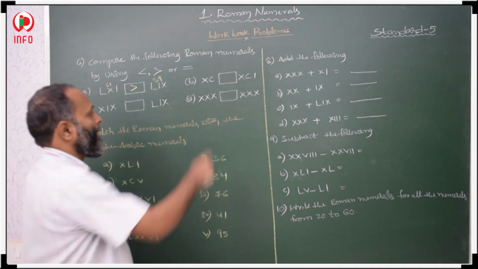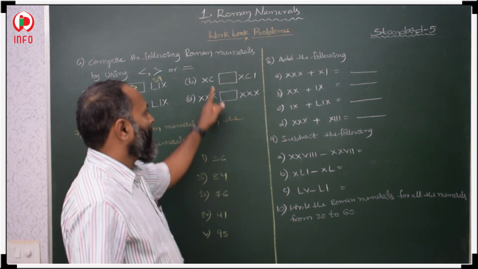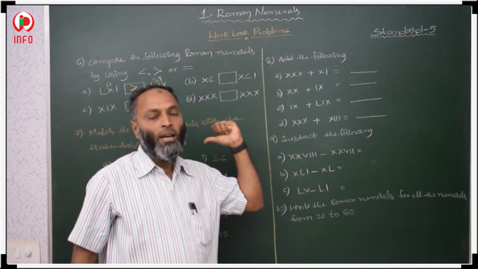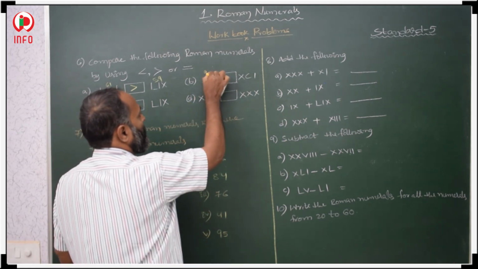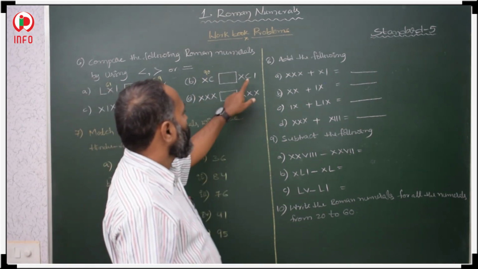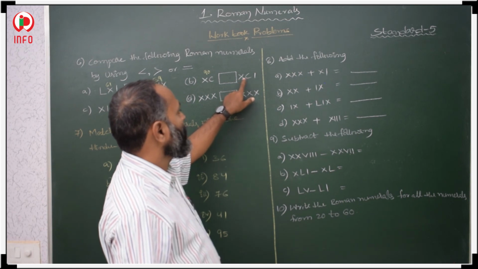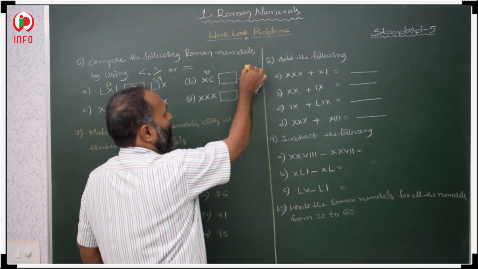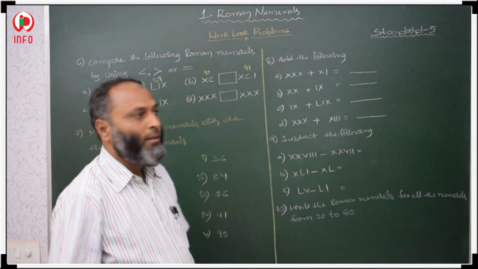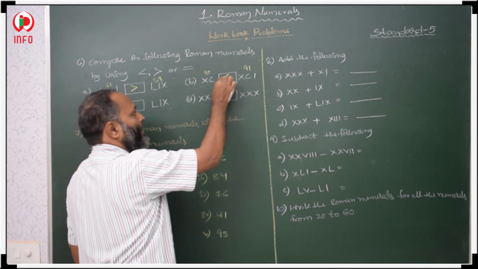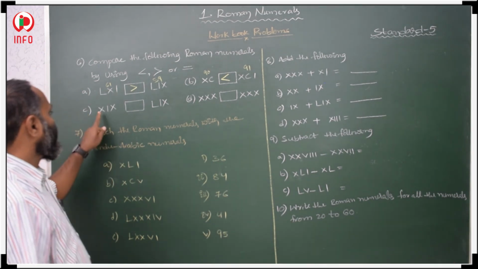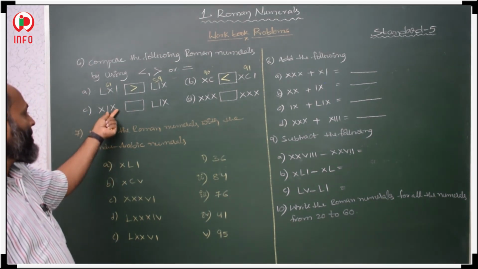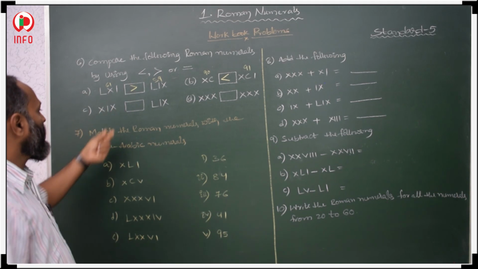Now, XC: C means 100. X, the smaller Roman numeral is on the left side, so minus: 100 minus 10 is 90. So XC means 90. 90 plus 1, 91. Then 90 is less than 91. Then X is 10, IX means 9. 10 plus 9, 19.